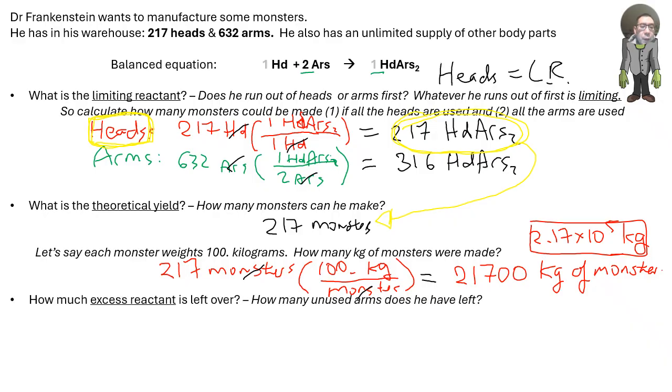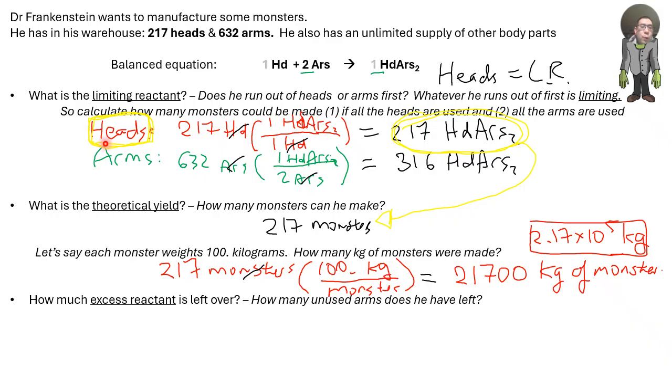Finally, we can find out how much excess reactant is left over. I'm going to show you the way we did it in class here, and later in the slideshow, we're going to show you a little shortcut. Either way, the most important thing that we need to find out is, in order to find how many unused arms we have to find out how many arms we used.